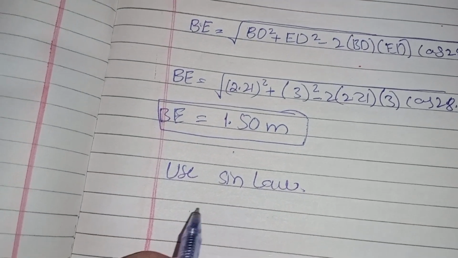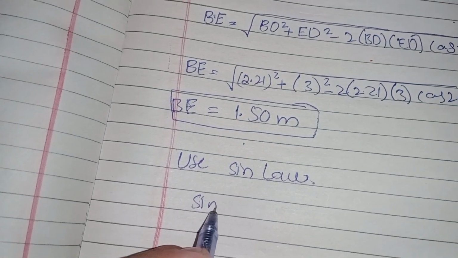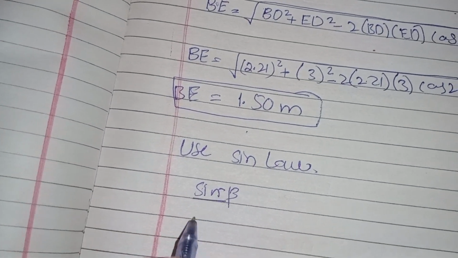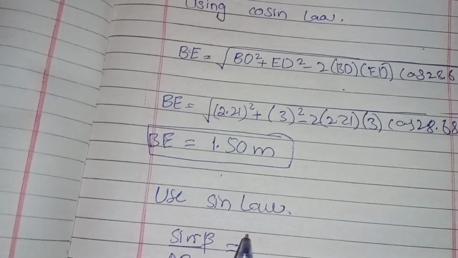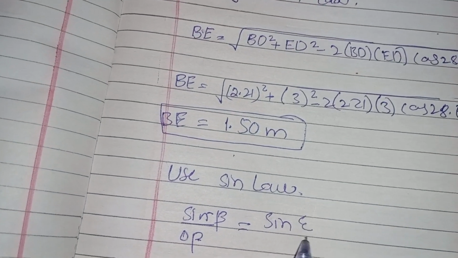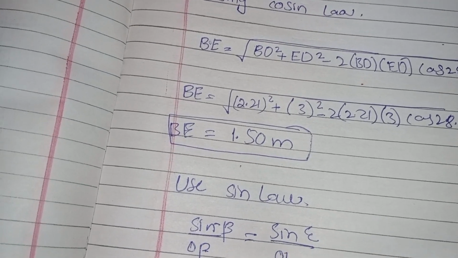So beta, this is beta, sine beta divided by opposite side equal to sine Z divided by opposite side.